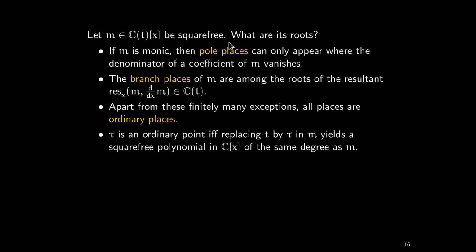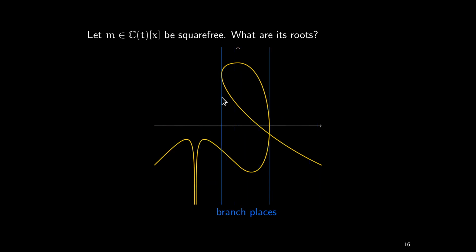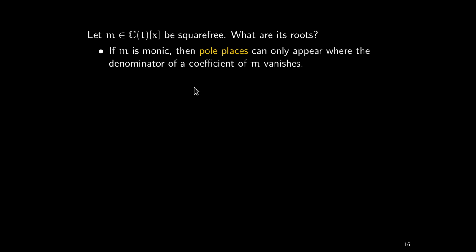So the same degree means it's not a pole place, and square-free means that if the m was square-free before, as I'm assuming here, then I'm not hitting a branch place, because plugging such a branch place into t gives me a polynomial where I have here a double root. So this would be a double root, and this would be another root. So there will still be 3 roots, unlike at the pole place, but one of them would be doubled, and that's not what we want. We want to keep the things square-free.